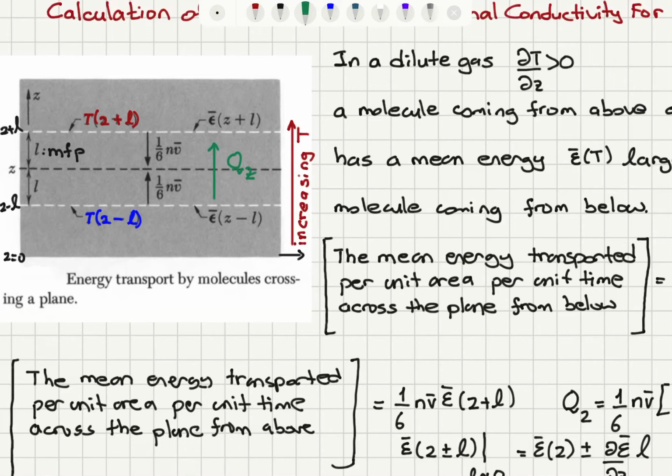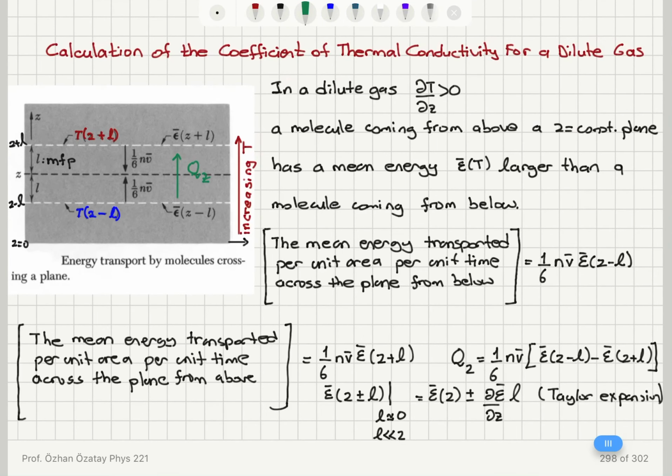When these two molecules meet at this z equals constant plane, there will be energy transfer because one has picked up an energy at z plus L due to the last collision it had at z plus L, and the other one at z minus L. So the mean energy will be less for the one that is coming from below because the temperature is smaller than the one coming from above.